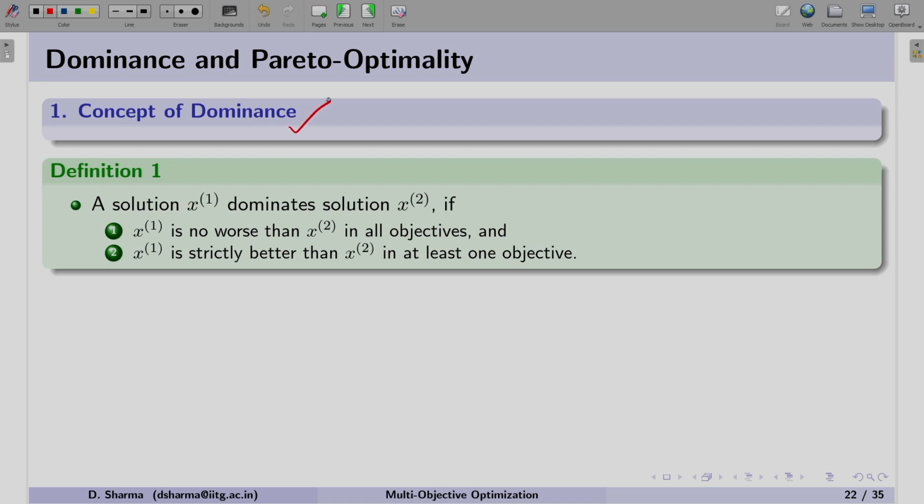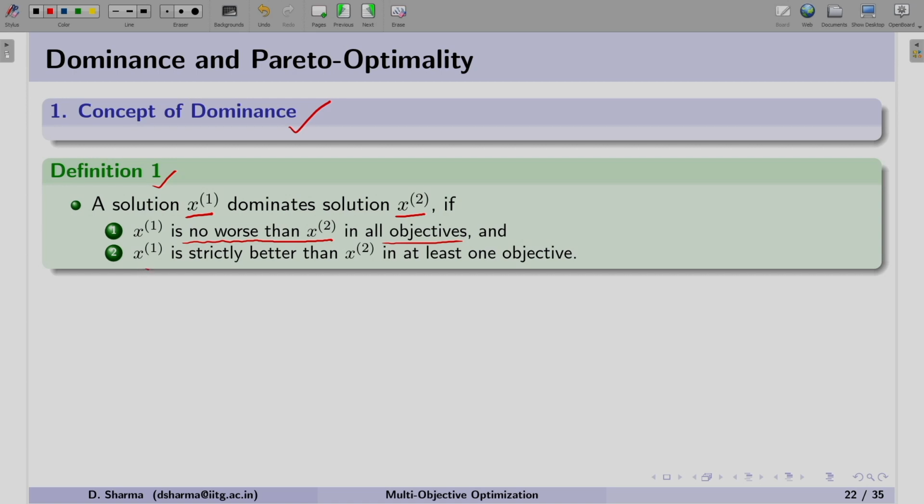The concept of dominance, as we can see in definition number 1: suppose we have a solution 1 which is represented by x1, and we have solution 2 which is represented by x2. Let solution x1 dominate x2 if there are two conditions to satisfy: x1 is no worse than x2 in all objectives.